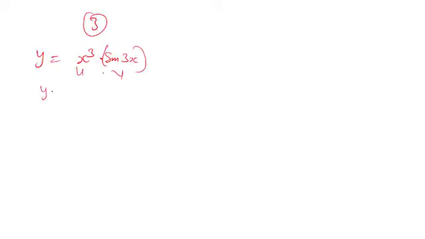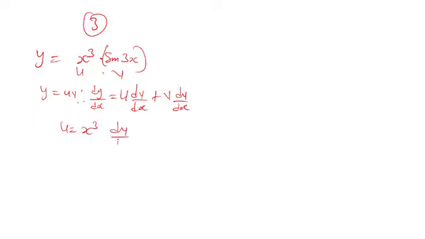Remember the product rule. When we have y equals uv, then dy/dx is equal to u dv/dx plus v du/dx. So let's go further into our application. We have, if u is equal to x cubed, then du/dx.